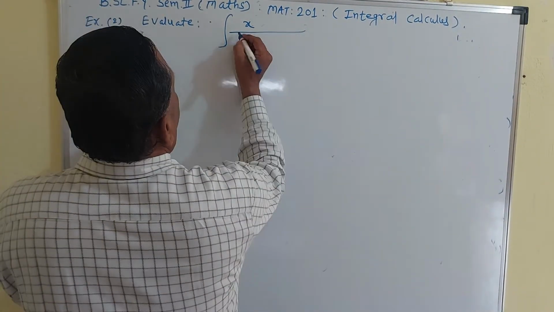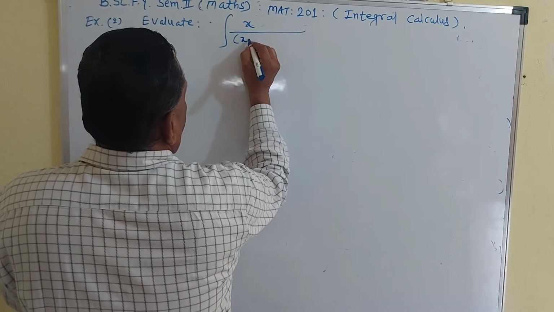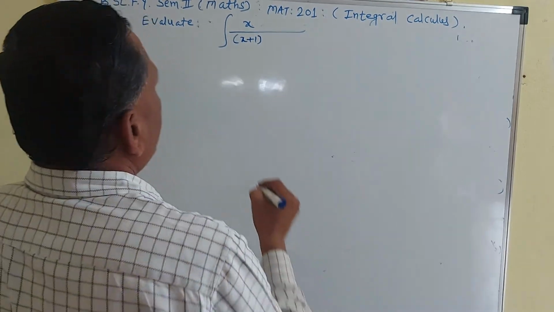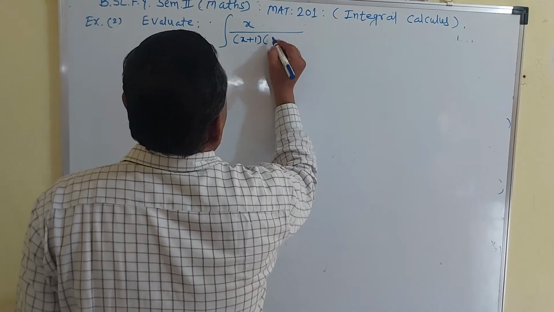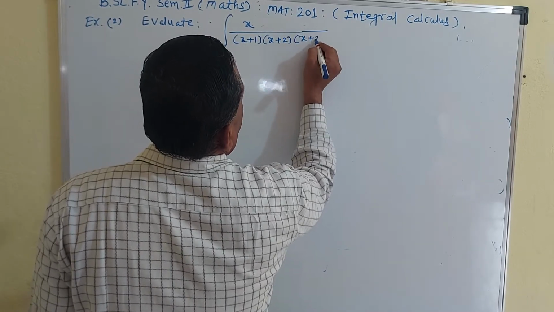So x upon x plus 1, three factors, x plus 2, then x plus 3.